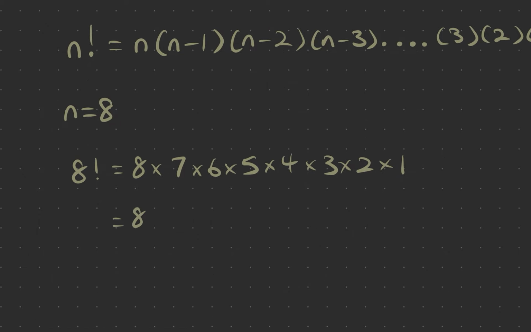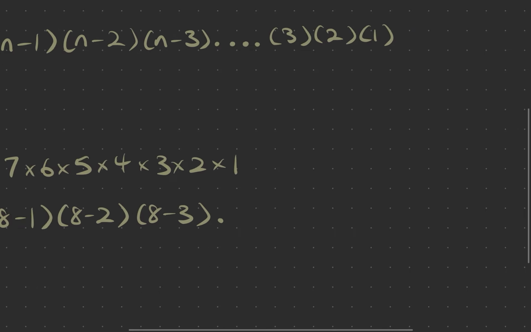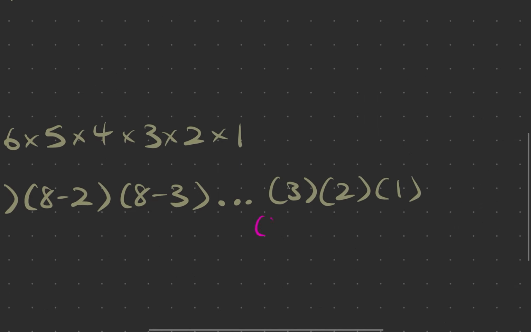So it will be n times 8 minus 1 times 8 minus 2 times 8 minus 3. And then it goes on and on until you reach 3 times 2 times 1, which is the same as 8 minus 5 times 8 minus 6 times 8 minus 7.